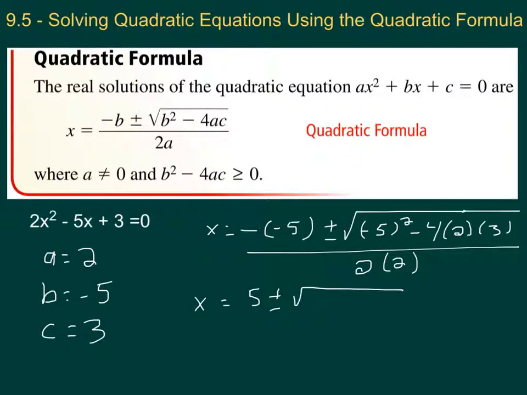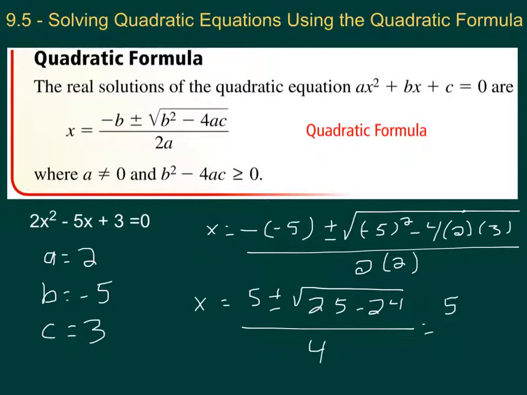And now I need to simplify everything that's in the square root first, my entire radical, before I start simplifying the radical itself. Negative 5 squared is 25. And then I have minus 4 times 2 times 3, which is minus 24. That's all going to be over 2 times 2, which is 4.